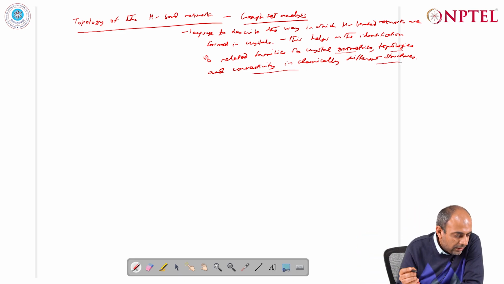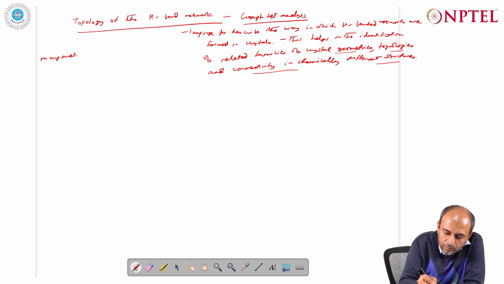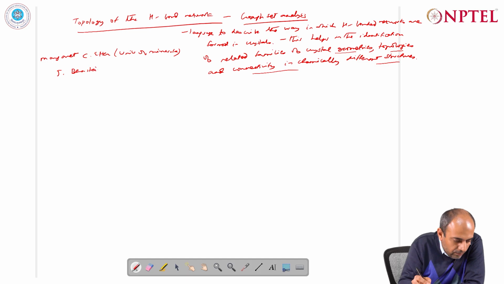So we would like to now discuss this graph set analysis, which was actually developed by Margaret C. Etter at the University of Minnesota, followed by Joel Bernstein and Raymond Davis.